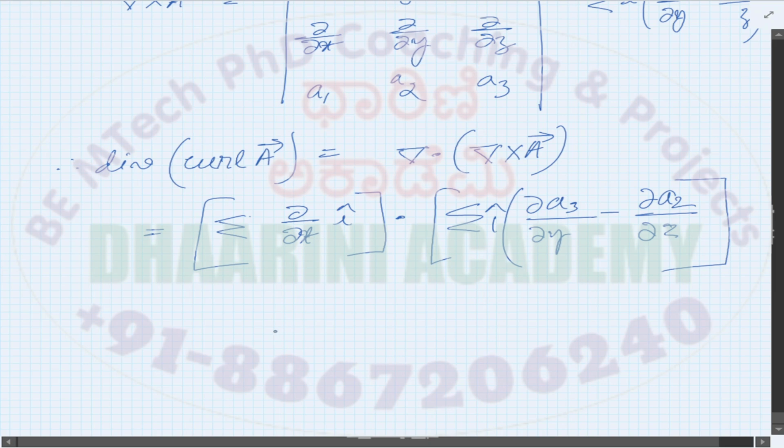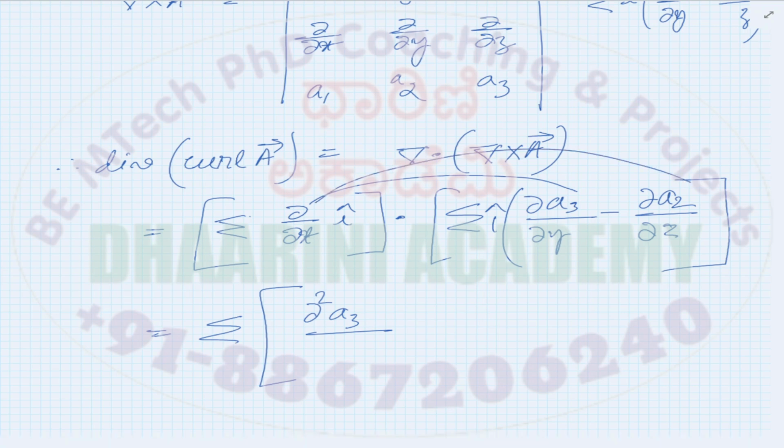So this is equal to, now let's try to multiply them, right? Both are summations over the same term, so you can keep a single summation of i dot i can multiply. So ∂/∂x is getting applied to each and every term, right? So when that happens, this is equal to ∂²A3 divided by, because ∂/∂x is getting applied to this and getting multiplied to the second term.